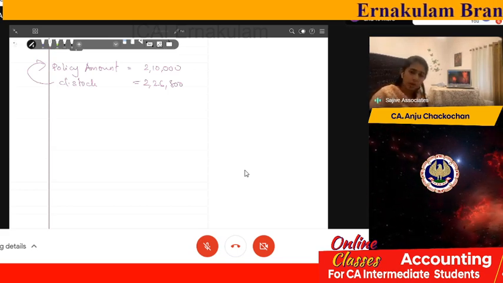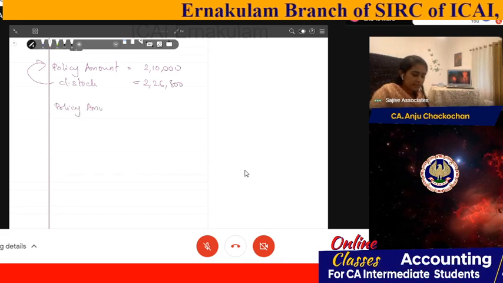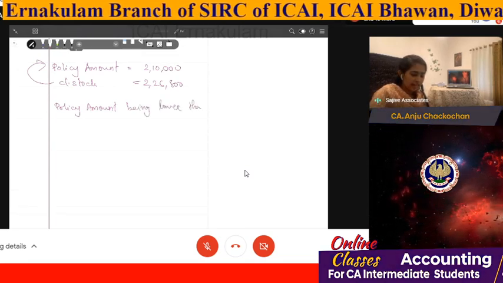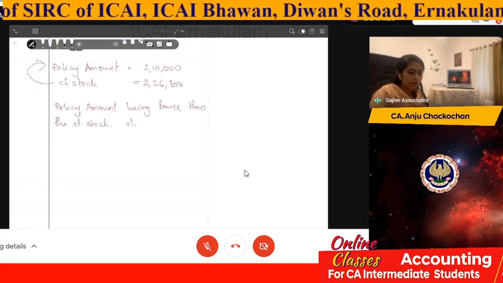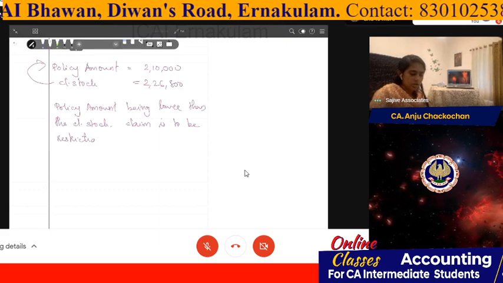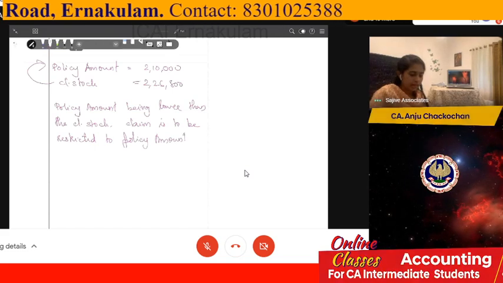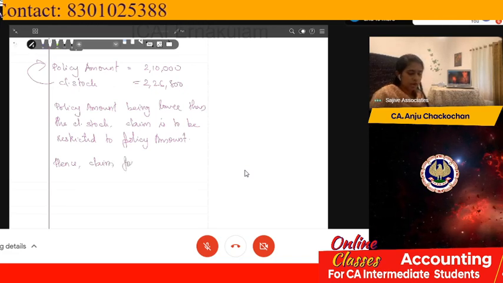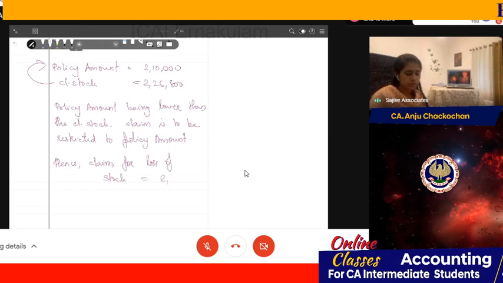So you will have to write a concluding line for that. Policy amount is less than the closing stock, so claim is to be restricted to policy amount. Hence, claim for loss of stock is equal to 2,10,000.